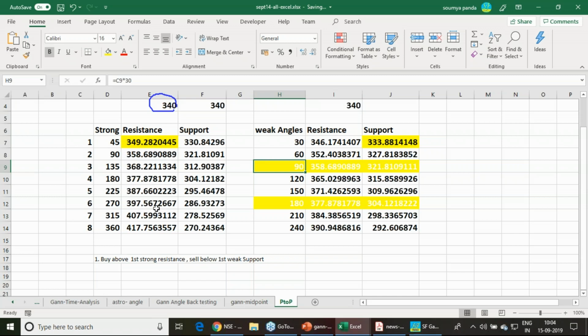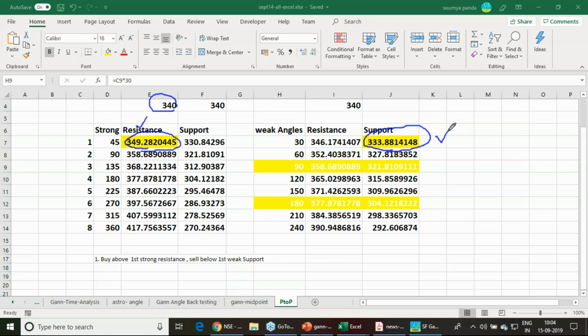So here I am finding the strong set of resistances and weak set of supports. What is the first strong resistance? This one, 45 degree. What is the first weak support? 333. So once it comes above 349, I will be investing in Tata Steel.